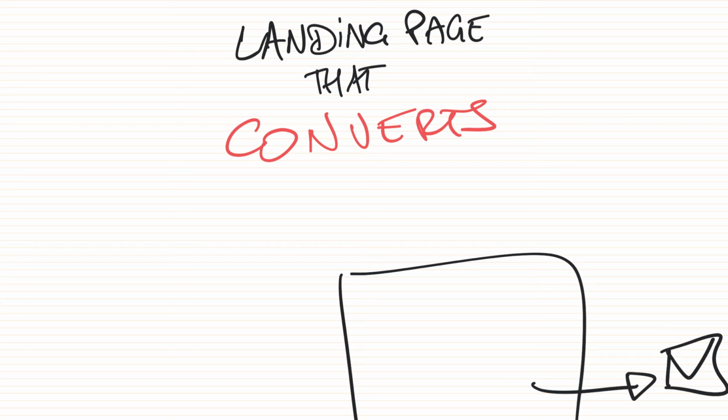So with that being said, after the logo, what you're going to want to have here is a headline, and you can also have a pre-headline or a pre-header if you want it.